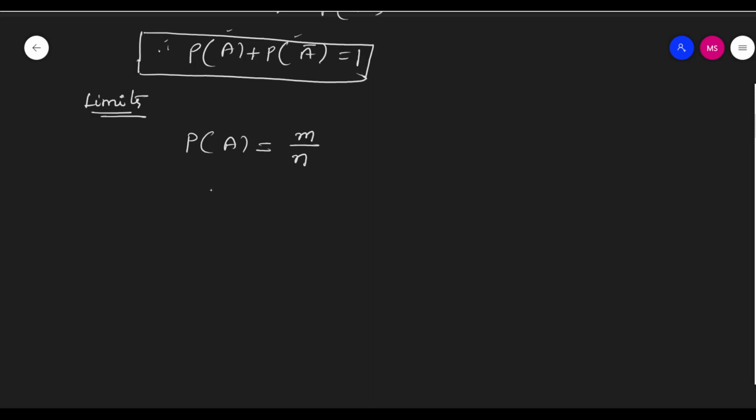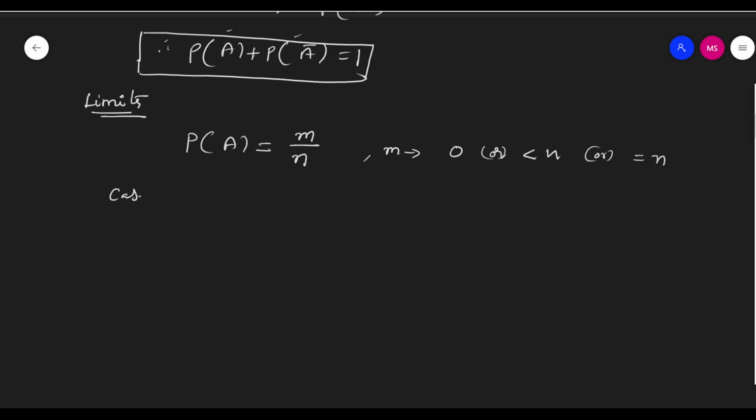So m may take the value 0, or be less than n, or be equal to n.